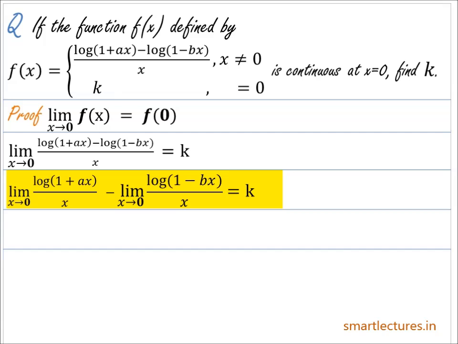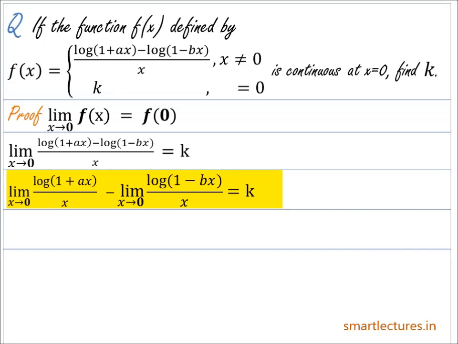Because as per the properties of limits, you know it very well that the limit of the difference of two functions is equal to the difference of their individual limits. So we can write this equation as limit x approaches 0, log of 1 plus ax upon x minus limit x approaches 0, log of 1 minus bx upon x equal to k.